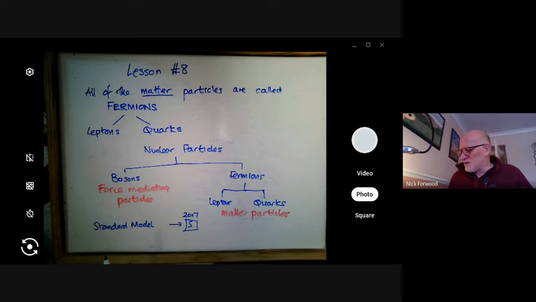Have a look at the work-throughs of the SQA papers. Do go to the SQA papers in the Davy document, named after the man, Mr. Davy, who wrote it. It's actually called Higher PPQ, Higher Past Paper Questions by Topic, and you'll find that in the Higher Physics Resources folder.